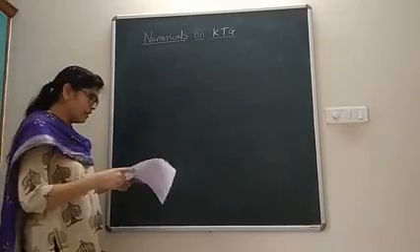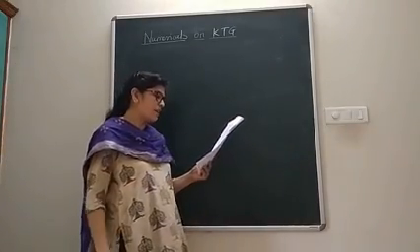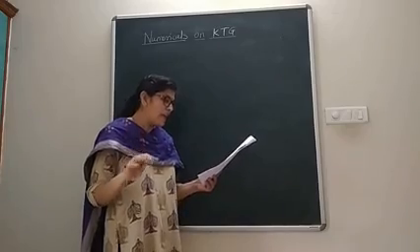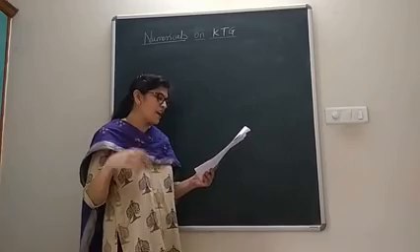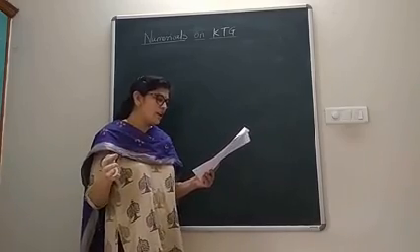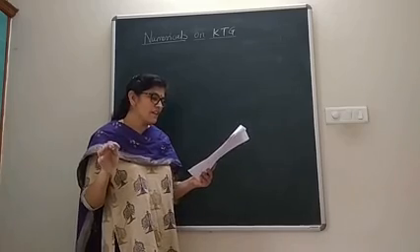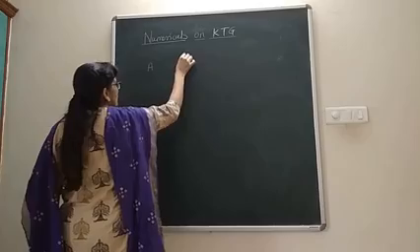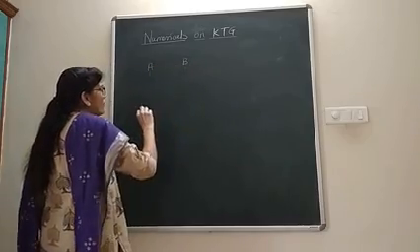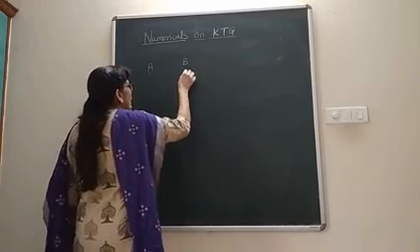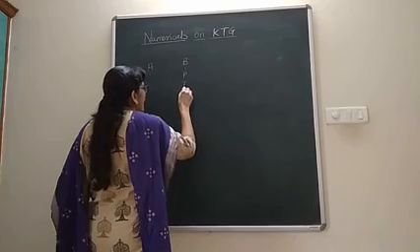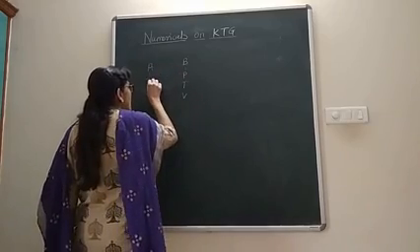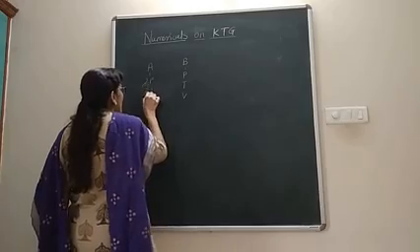Next is problem number 12. Two vessels A and B are filled with the same gas, where volume, temperature and pressure in vessel A is twice the volume, temperature and pressure in vessel B. Calculate the ratio of number of molecules of gas in vessel A to that in vessel B. Whatever pressure, temperature and volume are in vessel B, vessel A has exactly twice of that: 2P, 2T and 2V.